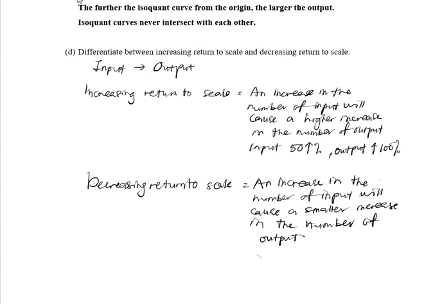For example, if input increases by 50%, output will only increase by 40%, for example, which is smaller than 50%. That is what we mean by decreasing return to scale.